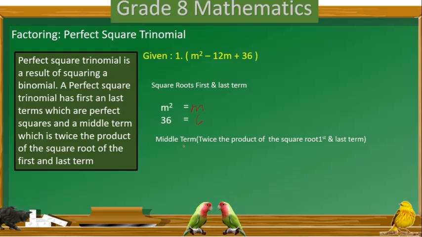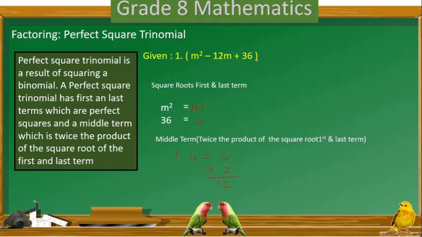Remember that when a variable has no number attached to it, that means it is equivalent to 1. So there's a value of 1 before the variable. So this is 1 times 6 equals 6. Double it, times 2, that is 12. So this value is equal to the middle term. So I mean to say that this given is actually an example of a perfect square trinomial.